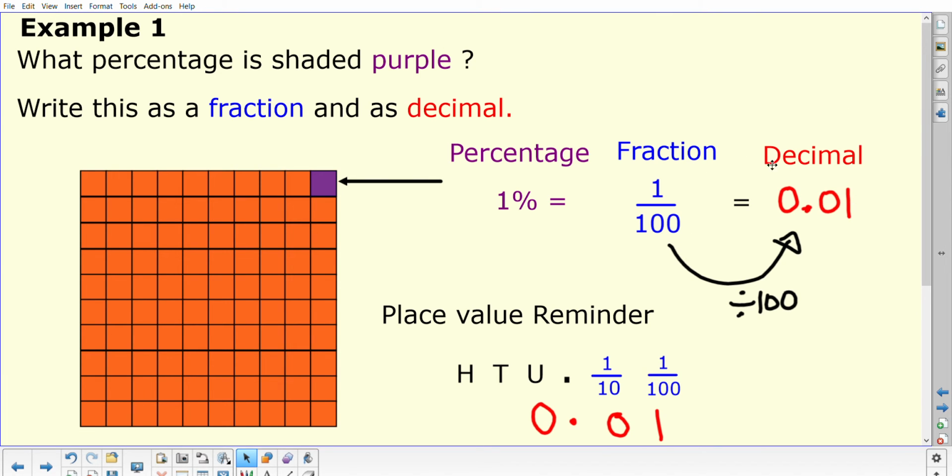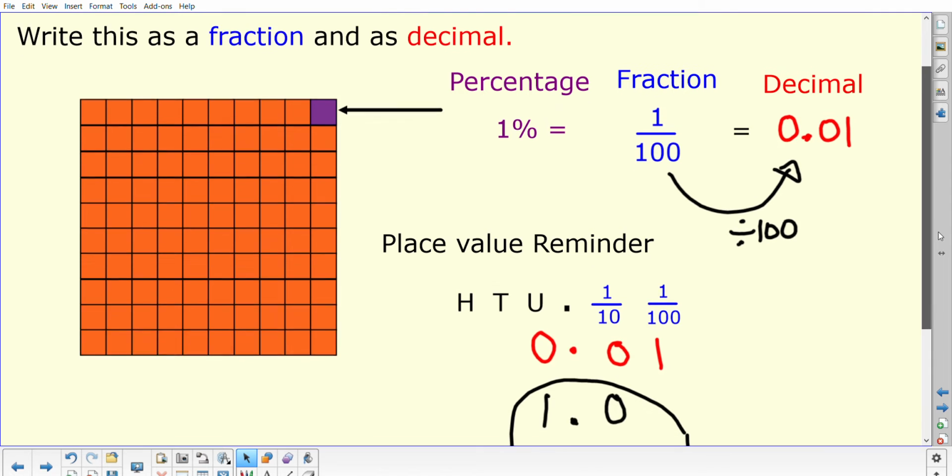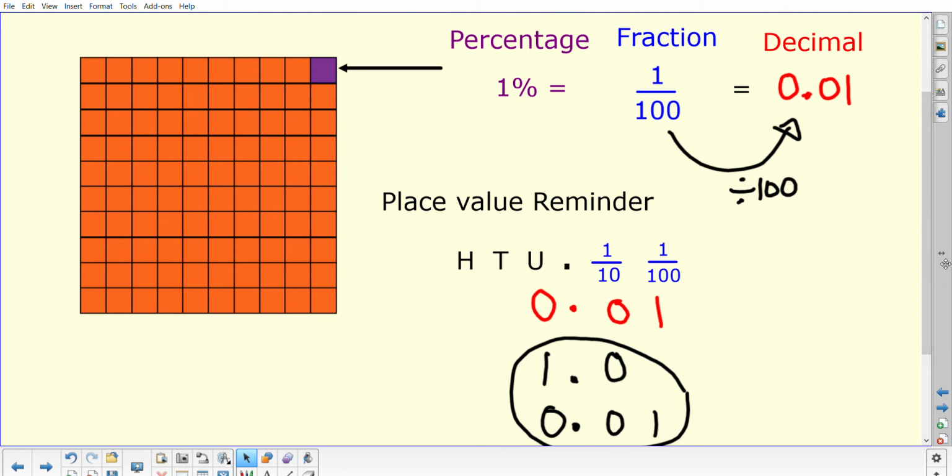And a little reminder in terms of place value, 1 out of 100 in decimals is 0.01.